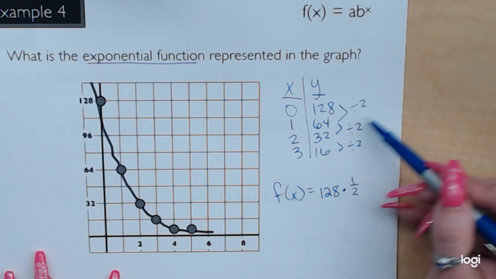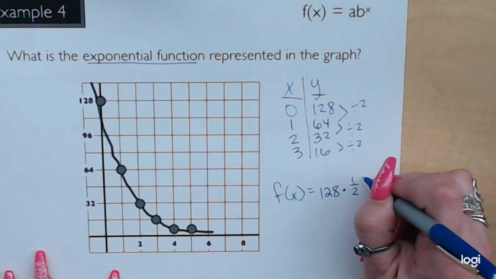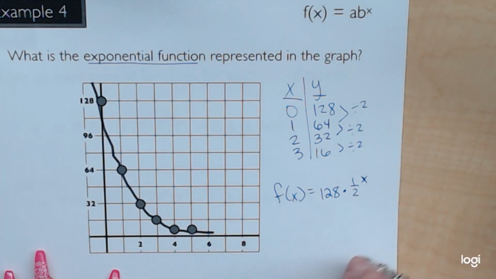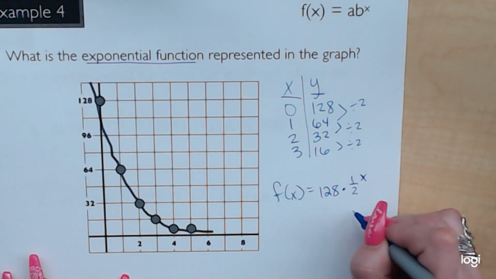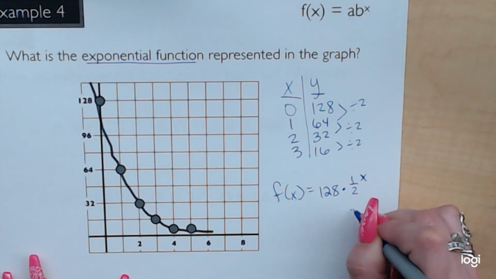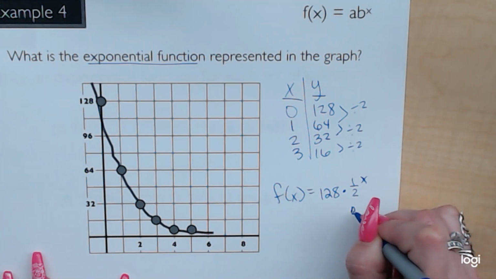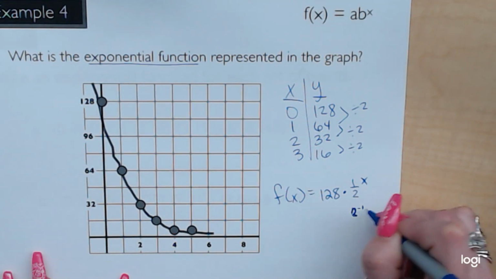So this is kind of like finding our slope, right? Then this is taken to the power of x. So again, you can check this. You could use a calculator, or you could rewrite this as 2 to the power of -1. That's 1/2.